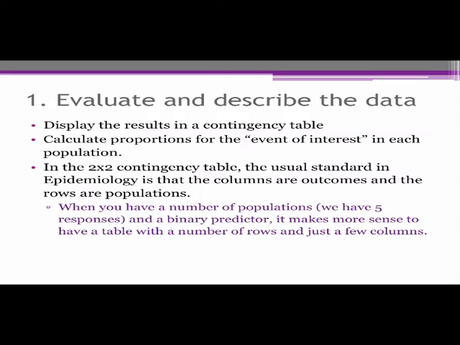We'd like to evaluate and describe the data, calculate the proportions of our event of interest. Well, we're no longer dealing with event, no event. In a 2 by 2 table, the epidemiological way was that the columns were the outcomes and the rows were the populations. Well, when you get into the multiple outcome situation like we have here with health status, you'll often find tables displayed in the reverse, so that our treatment groups are now the columns because there's only 2 of those, and even with an overall column, there's only 3 columns.